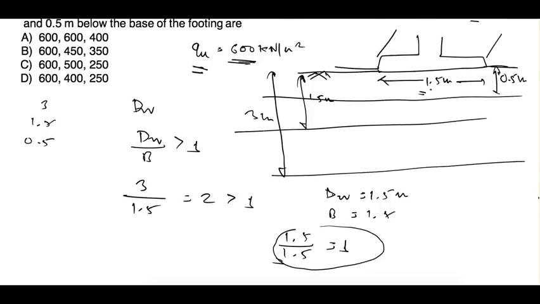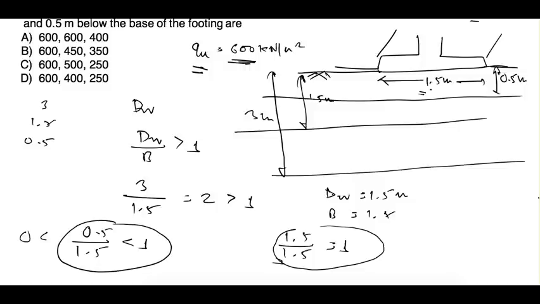So at this condition also the bearing capacity is the same. In the third condition, 0.5 upon 1.5, the ratio is between 0 and 1. So this condition goes like this, it can be greater than or equal to 0 and it should be less than 1. At equal to 1 the bearing capacity will not change.